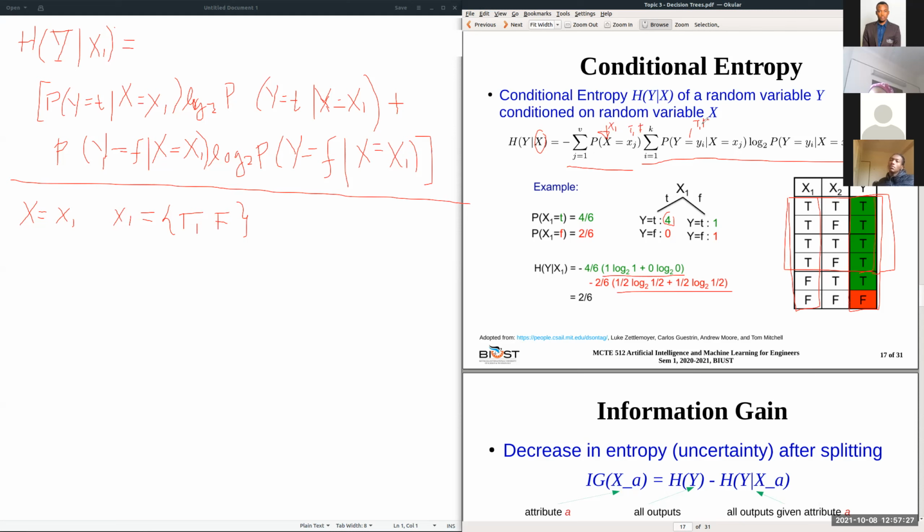That is the output given a true or false of X1. There is no X2 here. This should be H of Y given X1, that's the confusion there.